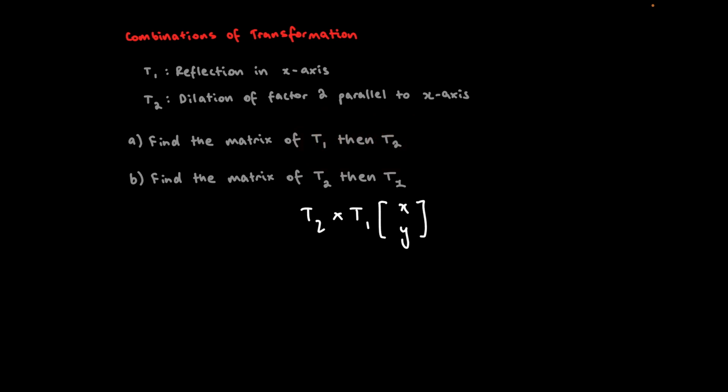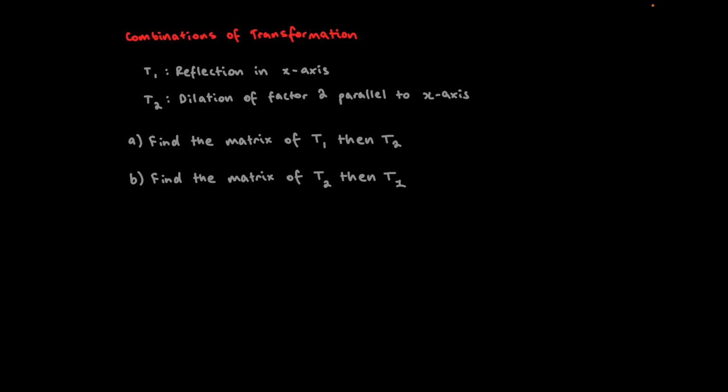Then, for the transformation of T2, we pre-multiply again by T2. So the matrix that gives us T1 then T2 is actually T2 times T1. Remember, the order of transformation matters, because we pre-multiply by T1 first, then pre-multiply by T2. So let's work that out.